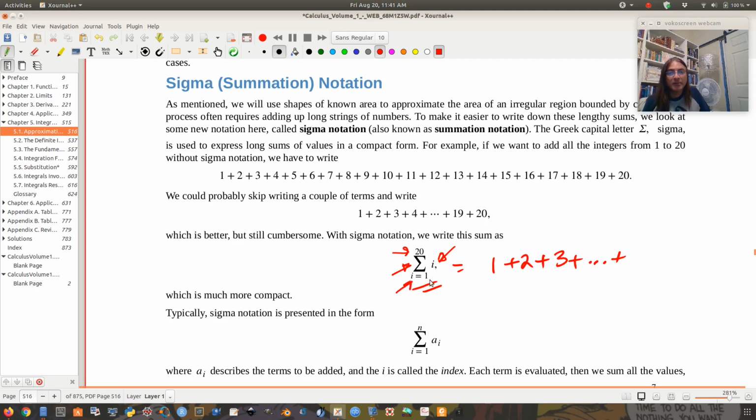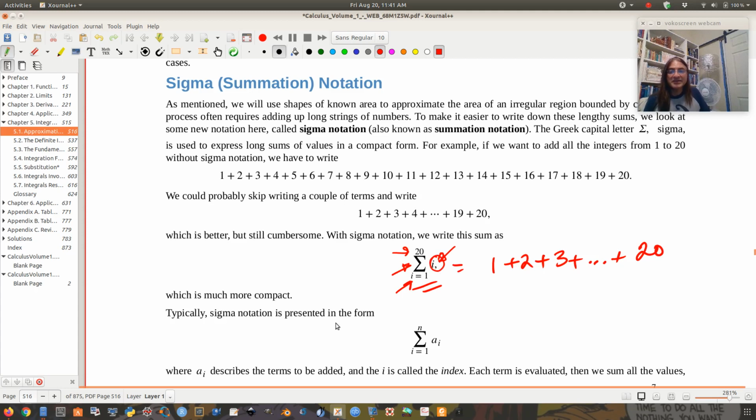So you start with the bottom value, reach the top value. So summation of I equals 1 to 20 means replace I with 1 in this formula and add to it 2, 3 up to 20.